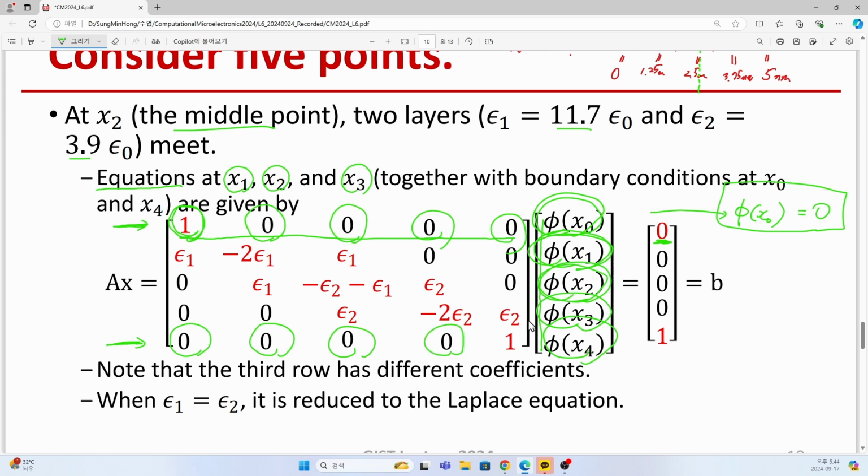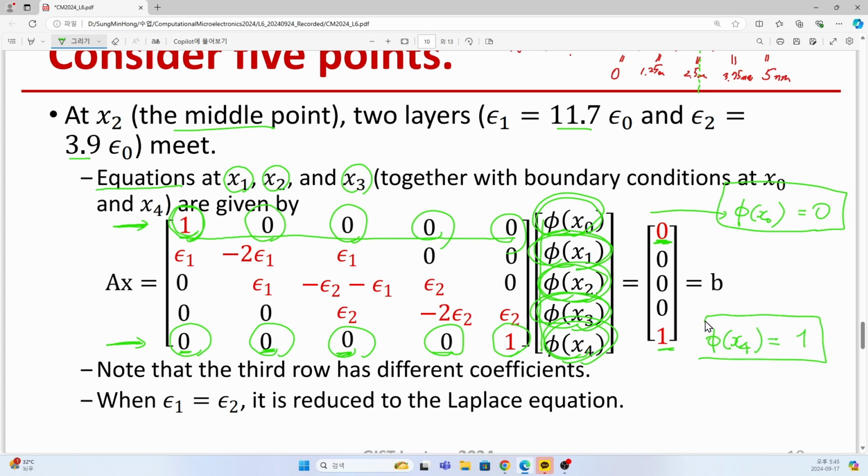However, all of these four multiplications will give us just number 0 because one of them is always 0. And finally, when we take this operation 1 and phi, then we will have phi at x sub 4 equal to number 1.